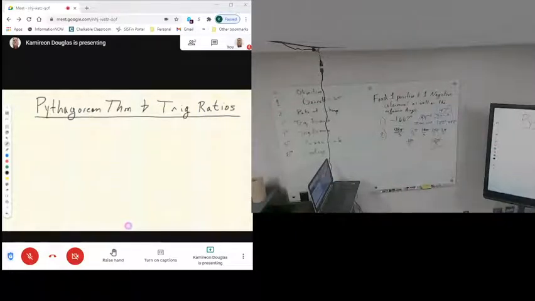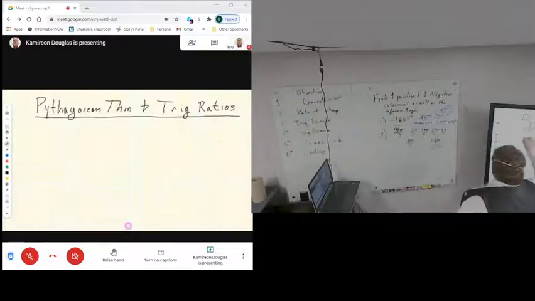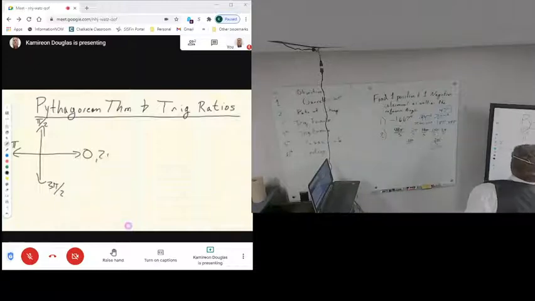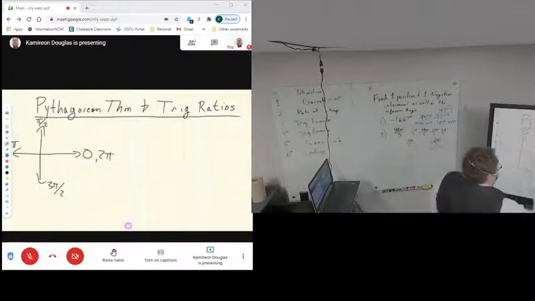So remember, there are 4 locations on the unit circle that matter a lot. 0, pi over 2, pi, 3 pi over 2, and 2 pi. You want to figure out where your number sits in these numbers.